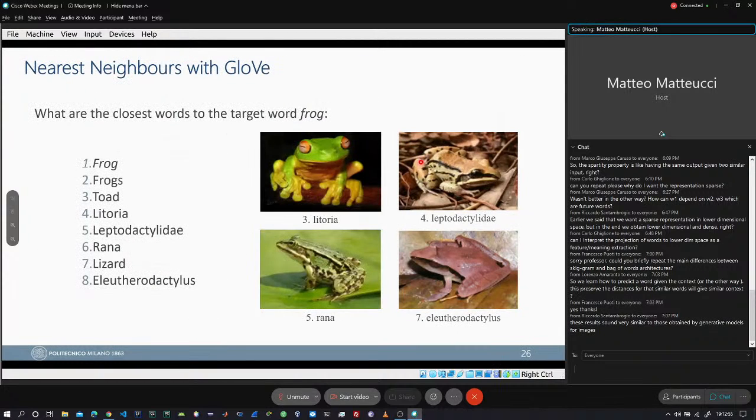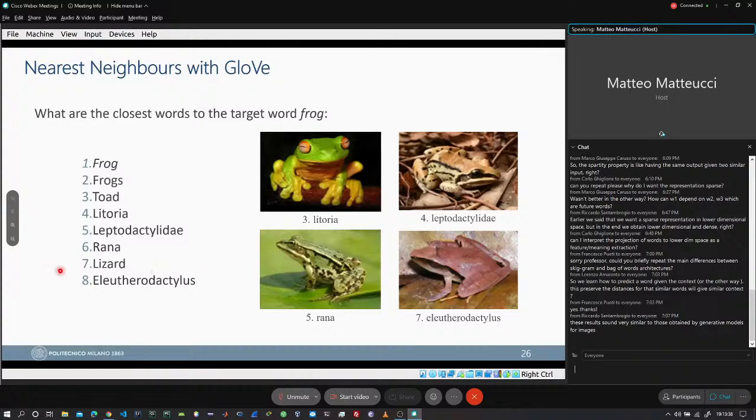And this is another example of what happens if you embed the text with GloVe, and you see that if you search the 10 nearest words to frog, you find frog with a capital, frogs, plural, toad, which is another name for frog, Litoria, which is a specific kind of frog, as you see from the picture, Leptodactylidae, which is another specific kind of frog, Rana, I don't know why they have it in Italian as well, lizard, and Eleutherodactylus, which is this specific frog.